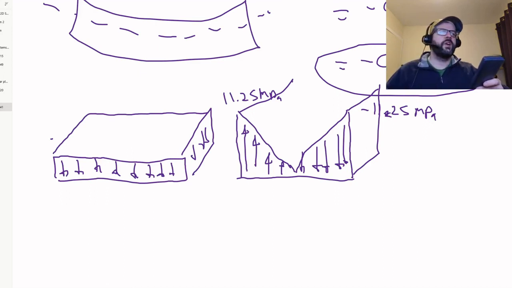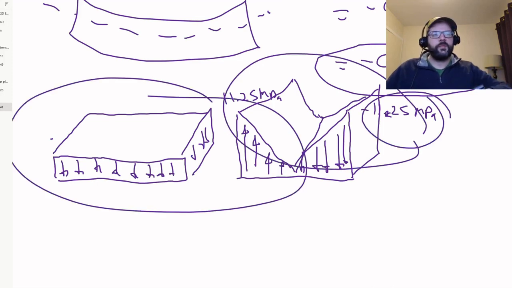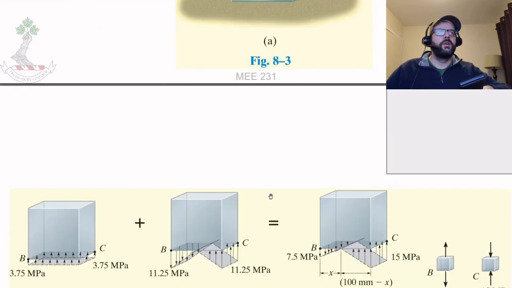So basically what we need to do is take this distribution on the right here and add it to this uniform distribution. So we end up getting this.